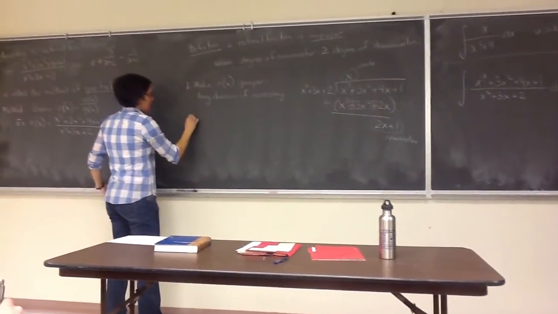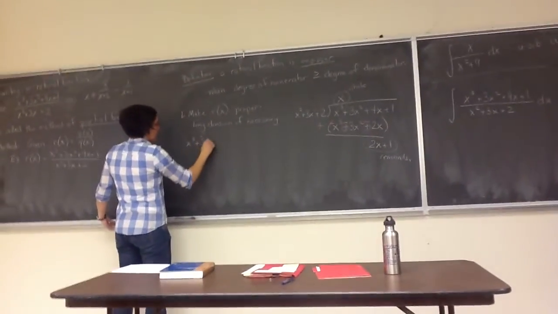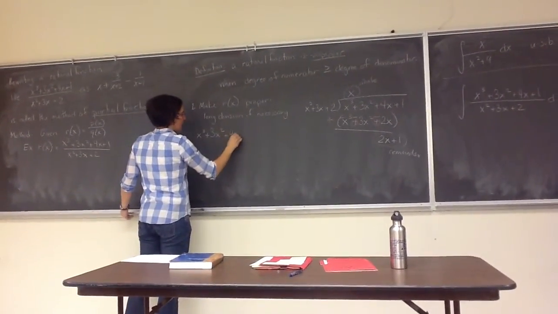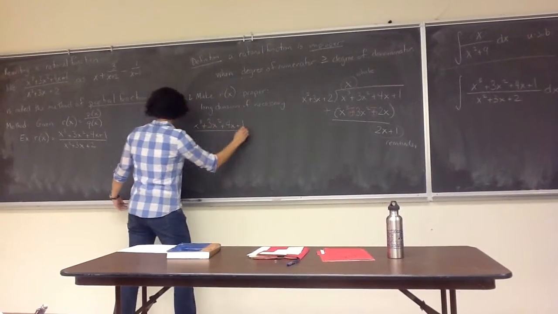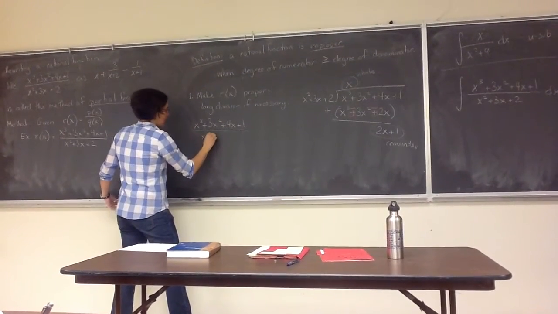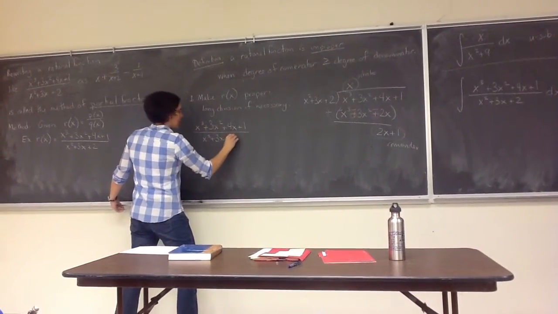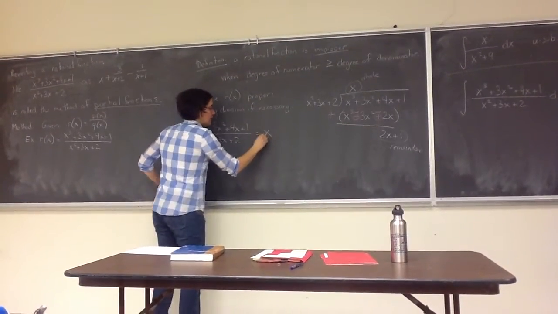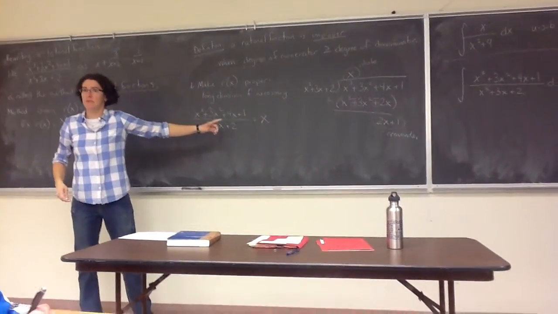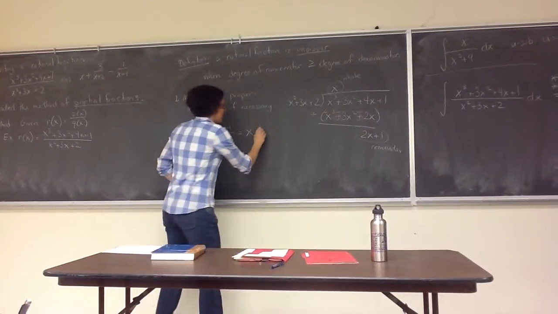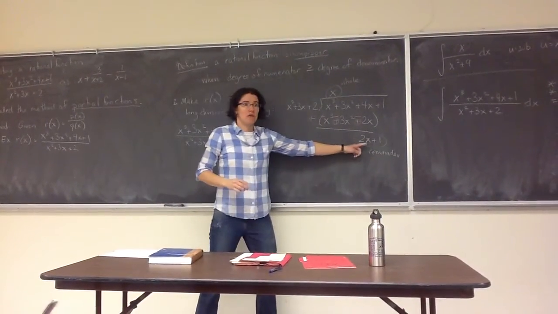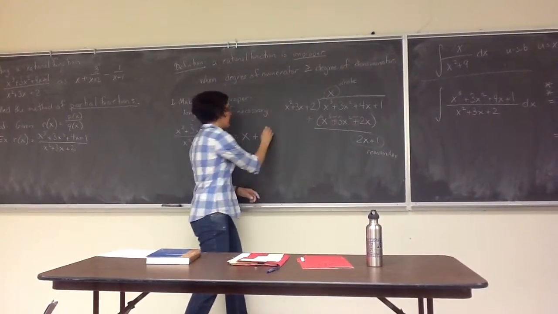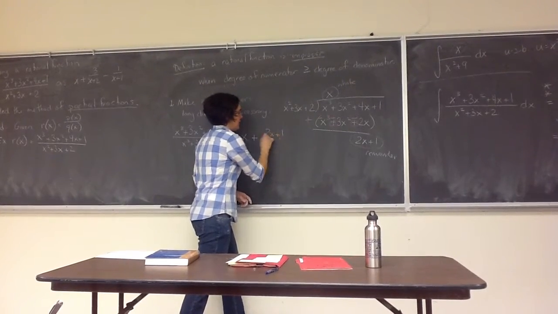Which means that now I can write x cubed plus 3x squared plus 4x plus 1 over x squared plus 3x plus 2 as its whole part, which is the x, plus the remainder, which is still divided by the x squared plus 3x plus 2.